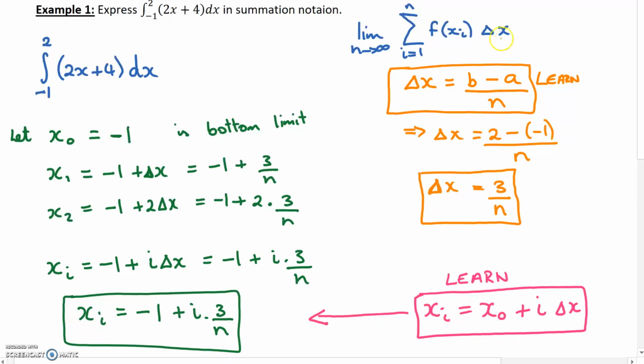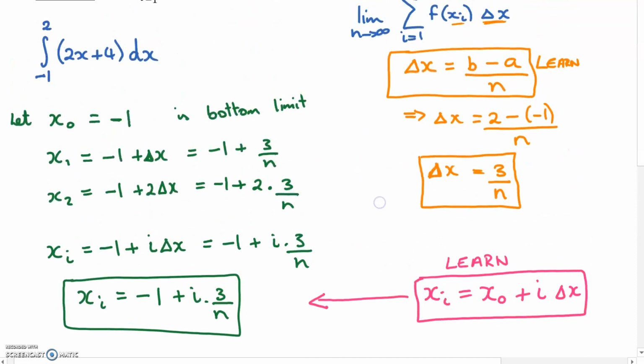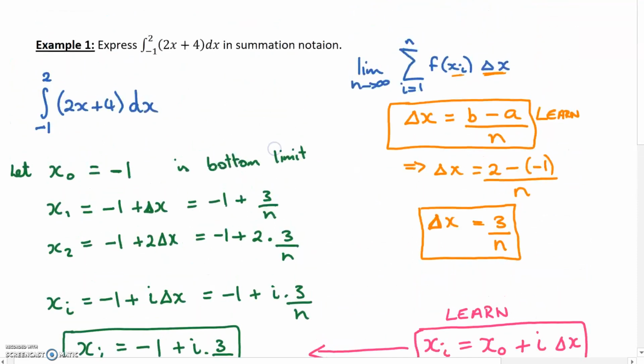So we've got delta x. Okay, looking back up here at the top of the screen, we've got delta x, and we've got xi. We need f of xi. Okay, so that's the next thing. So f of xi. Right, well, first of all, look at f of x. f of x is this part of the question.